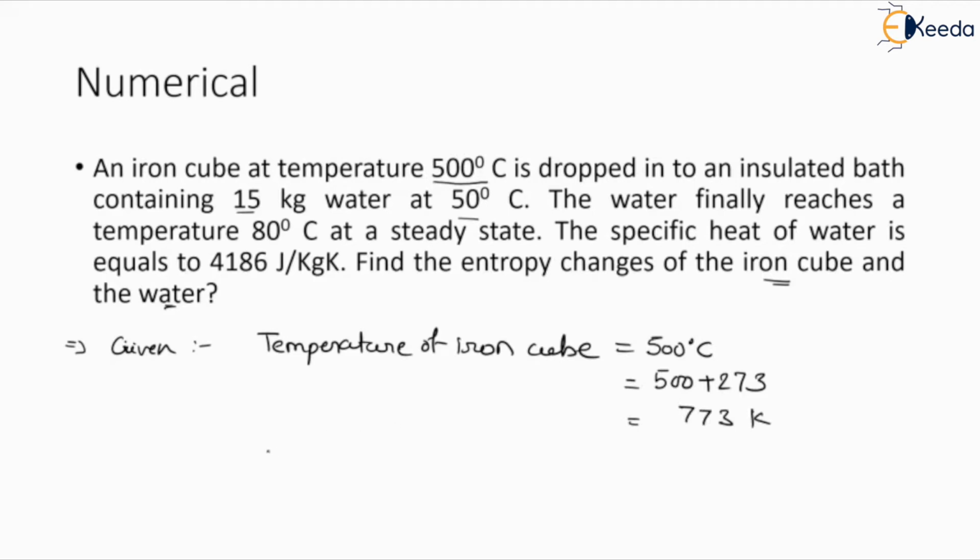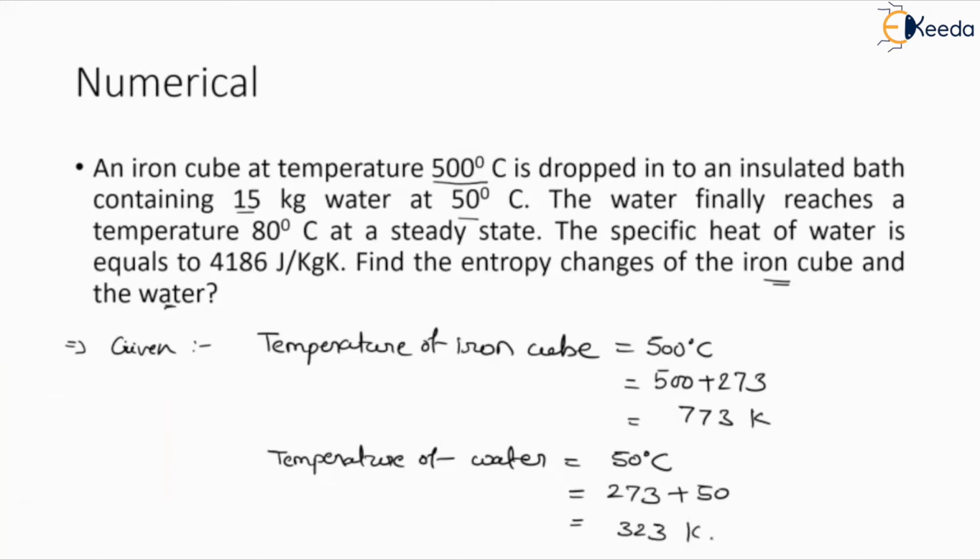Now we have the initial temperature of water, which is 50 degrees Celsius. We will convert this into Kelvin: 273 plus 50, so it will be 323 Kelvin.